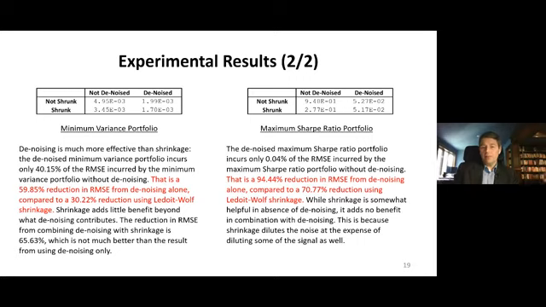A 94% reduction in root mean square error is very significant, and it tells us that this approach is very useful. It can be very helpful. We are not talking about a minor improvement. We are talking about a rather radical improvement in the stability of the efficient frontier.